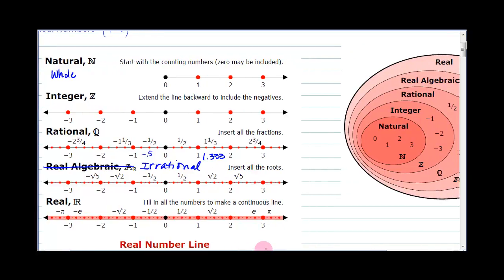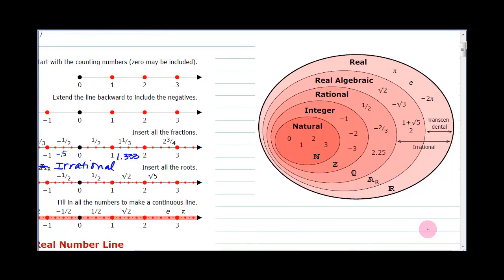I'm going to show you this Venn diagram over here, which also helps give an idea of our real number system, because as we keep adding numbers to our set of real numbers, it's going to include the previous sets. For example, here I had the natural numbers.